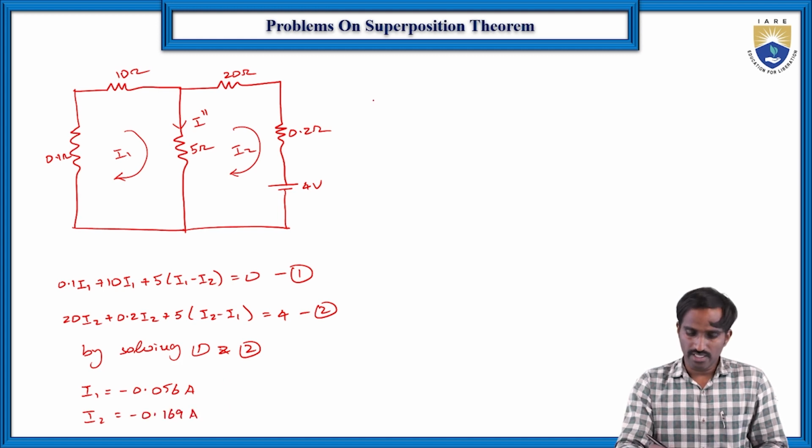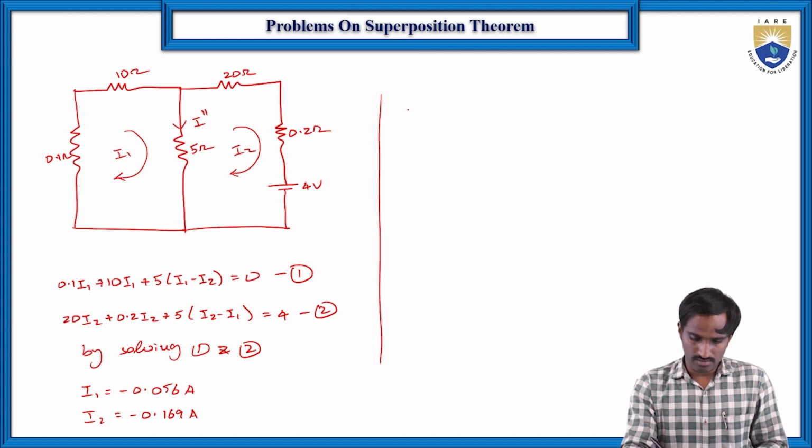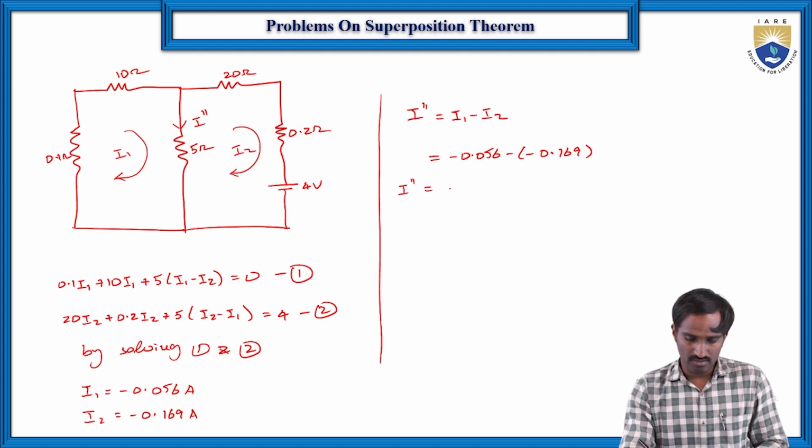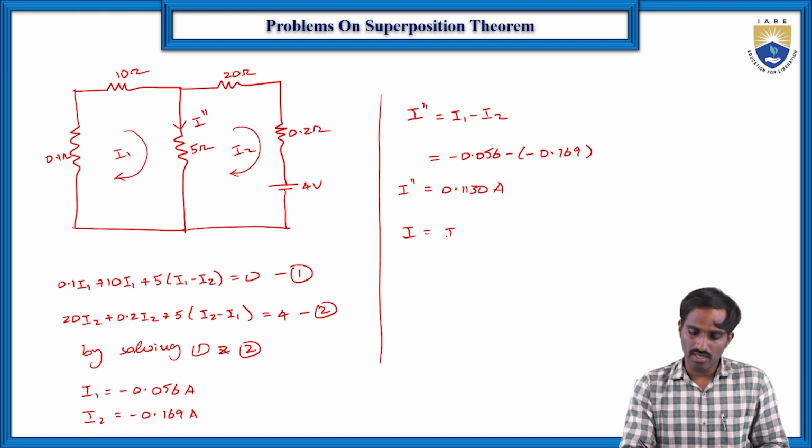As we know, I double dash is equal to I1 minus I2. So I1 is minus 0.056, and minus of I2 is plus 0.169. The value of I double dash is finally 0.1130 amperes. Then I is equal to I dash plus I double dash.